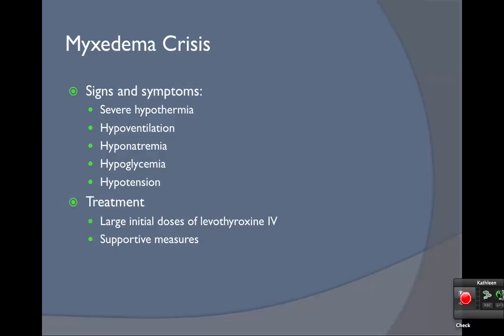Myxedema crisis may present with severe hypothermia, hypoventilation, hyponatremia, hypoglycemia, hypotension. Treatment is large initial doses of levothyroxine IV and supportive measures. Myxedema crisis may lead to rhabdomyolysis or acute kidney failure.